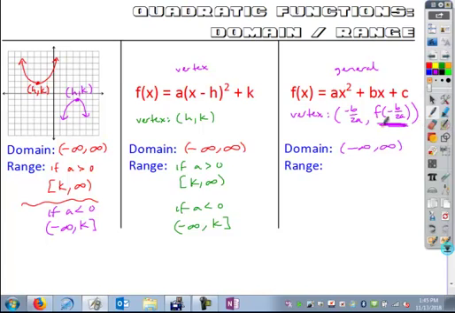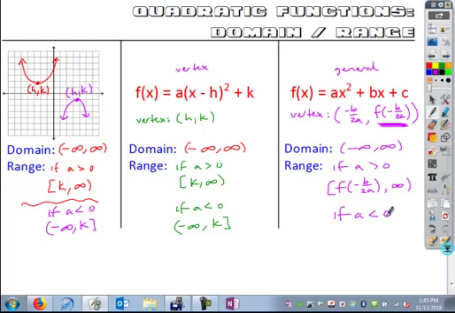So this right here is the calculated value of the upper or lower limit for your range, right? If your leading coefficient is positive, we're going to have a lower value of this y-coordinate, and it'll extend all the way to infinity.